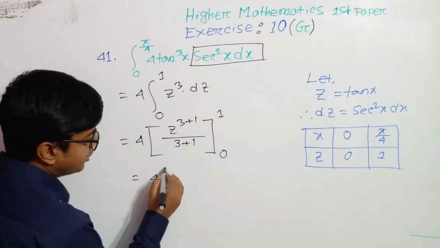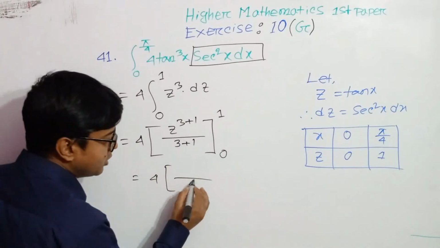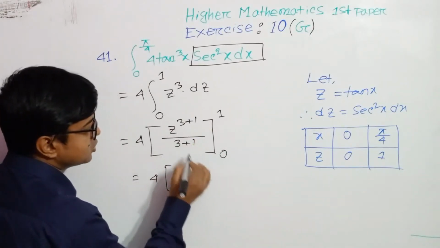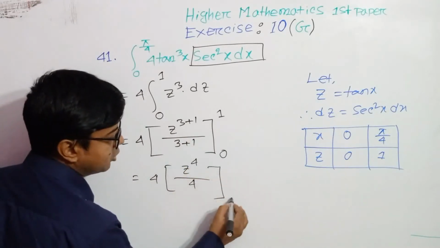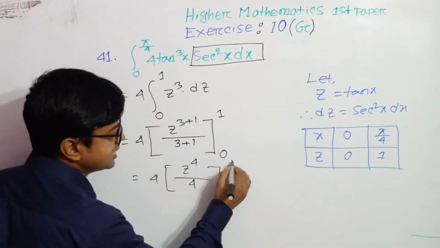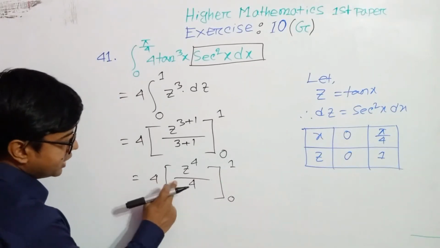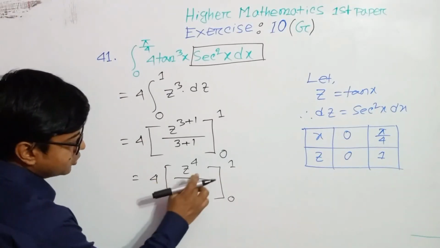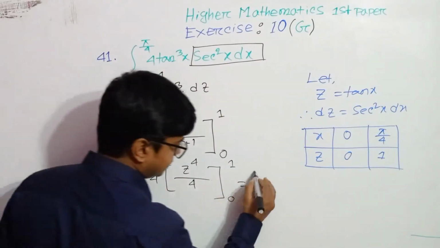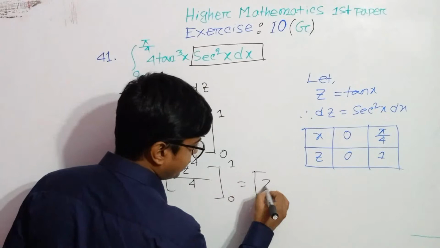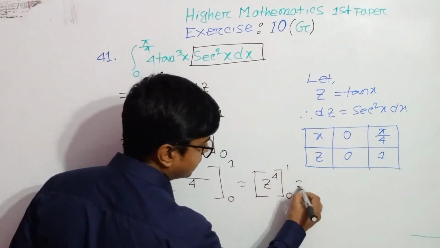Now 4 into here 3 plus 1, it will be 4, and z to the power 3 plus 1, that means z to the power 4 over 4, and lower limit 0 and upper limit is 1. Here 4 into 1 by 4, so it will be cancelled. So we can write z to the power 4 and lower limit 0, upper limit 1.